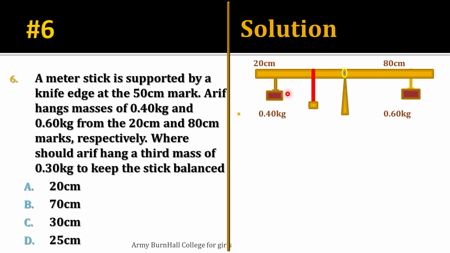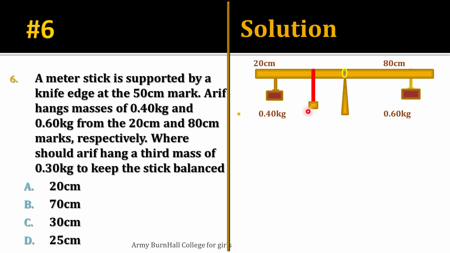Then two masses were hung and equilibrium is disturbed because the masses are different, although the distance is the same. The distance from 50 to the 20 centimeter mark is 50 minus 20, that is 30 centimeter, and here 80 minus 50, again 30 centimeter. So the distances are equal, but the magnitudes of the masses are different. As you can see, this mass is less.